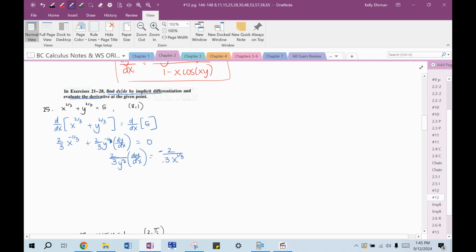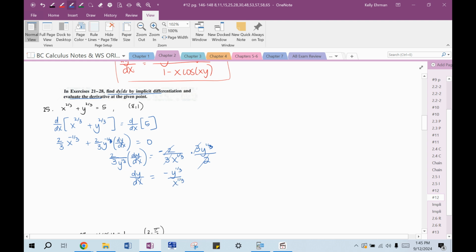So I subtracted negative 2 over 3x to the 1/3, and then I'm going to divide. But remember, dividing by a fraction is really multiplying by the reciprocal of said fraction. So all these coefficients cancel, and you're left with negative y to the 1/3 over x to the 1/3.